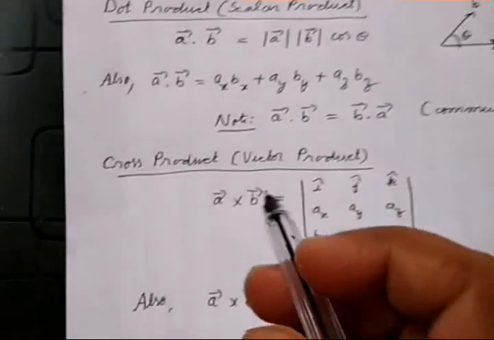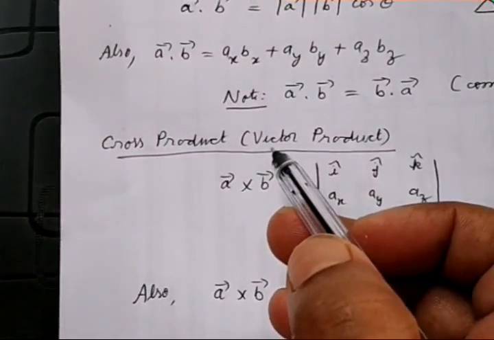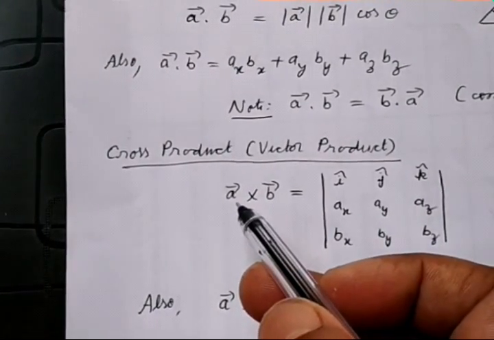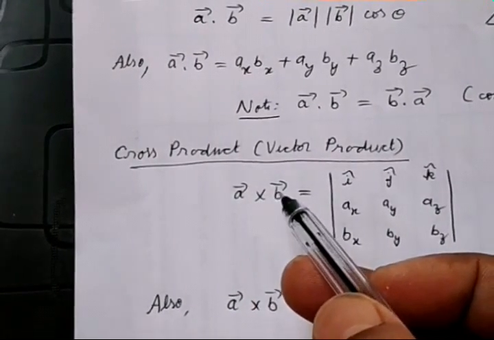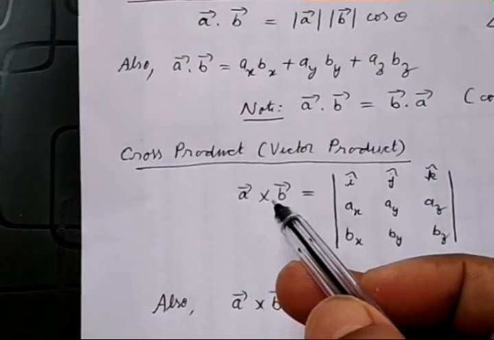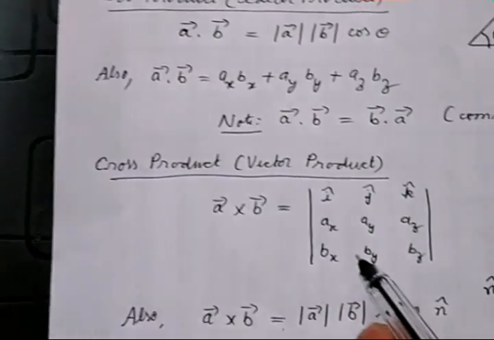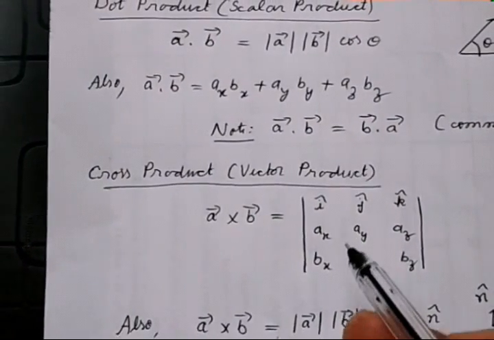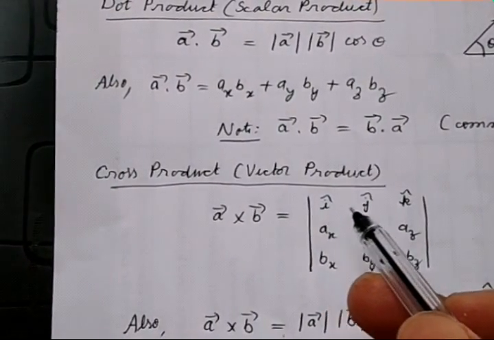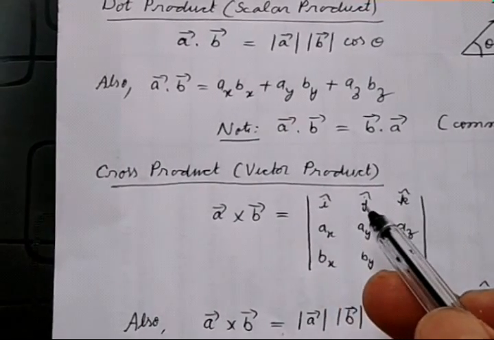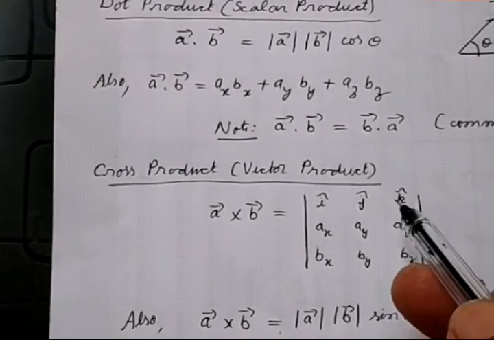Now let us see one more type, that is cross product, also called vector product. Again let us take two vectors A bar and B bar. The cross product is written as A bar cross B bar and it is given by the determinant here. In the determinant we take the first row as the unit vectors i cap, j cap, k cap.